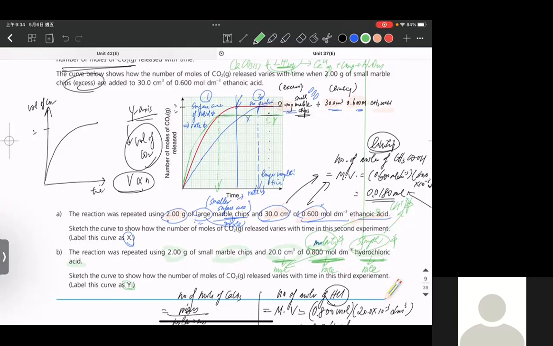Second is the number of moles, what it means, the flat curve. So whether the level is upper or lower or the same, you need to go back to the number of moles of the reactant.